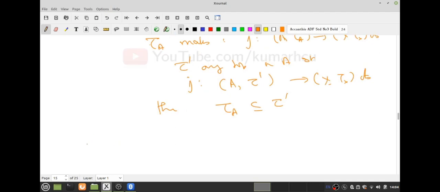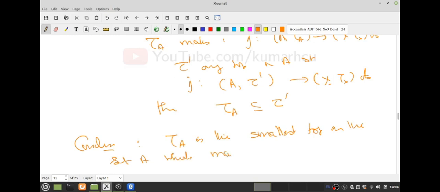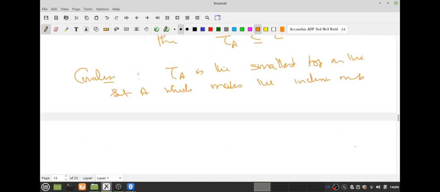Therefore the final conclusion: tau A is the smallest topology on the set A which makes the inclusion map J from A to X continuous.